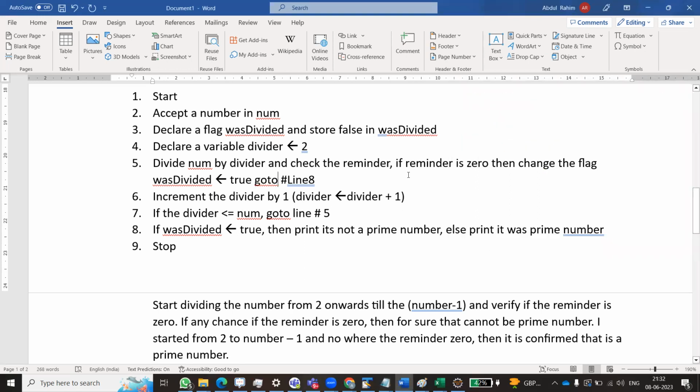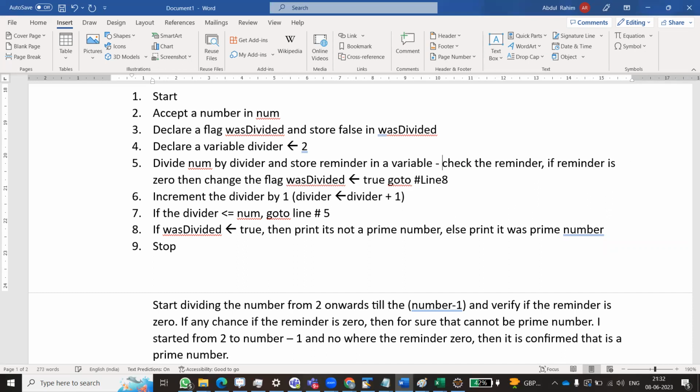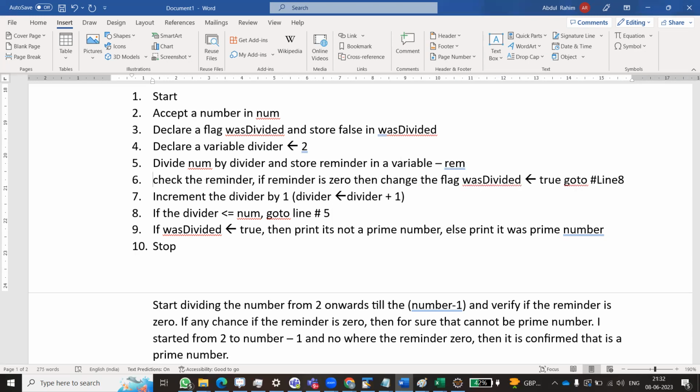And in the same line, what are we doing? See, this statement we can break. What we can do is divide num by divider and store the remainder in a variable called REM. So whatever the remainder is goes into this variable.